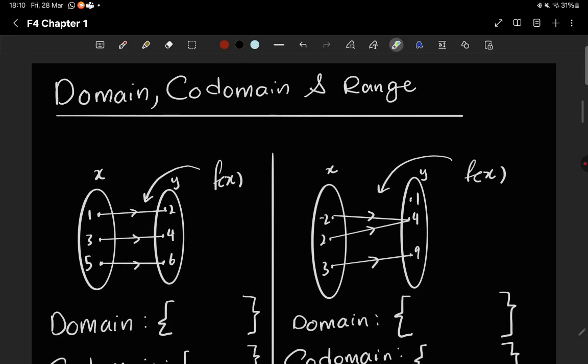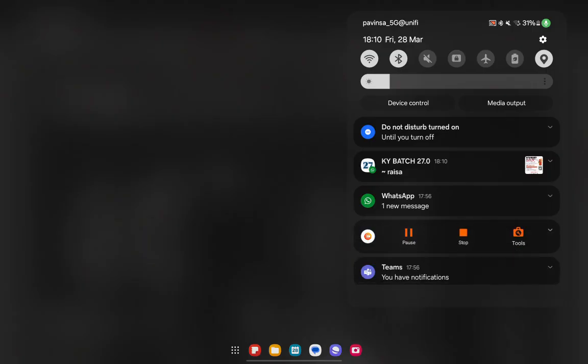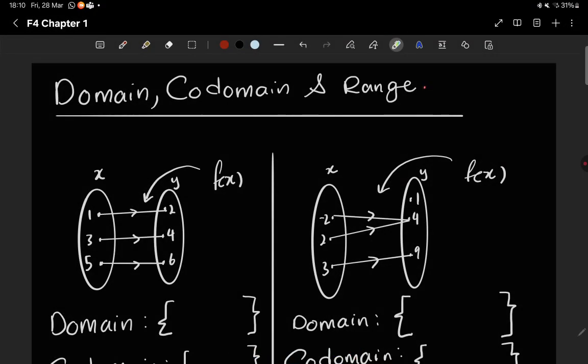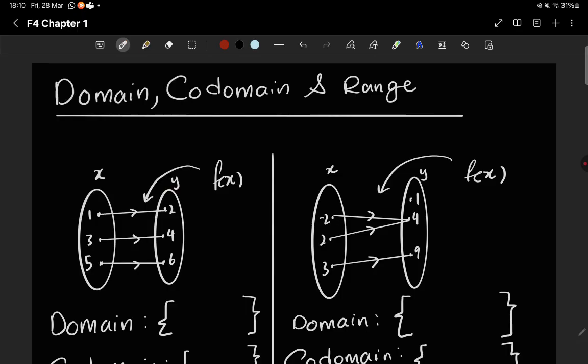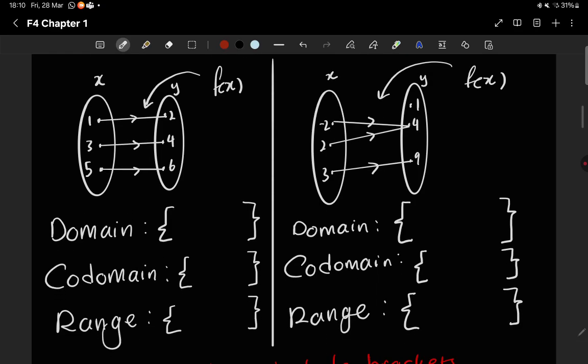Okay, so let's go into the second part, which is about domain, codomain, and range. So what are domains, codomains, and a range? Technically, a domain is what is inside the first set, or you could say the X set, and the codomain is whatever is in the second set or the Y set.